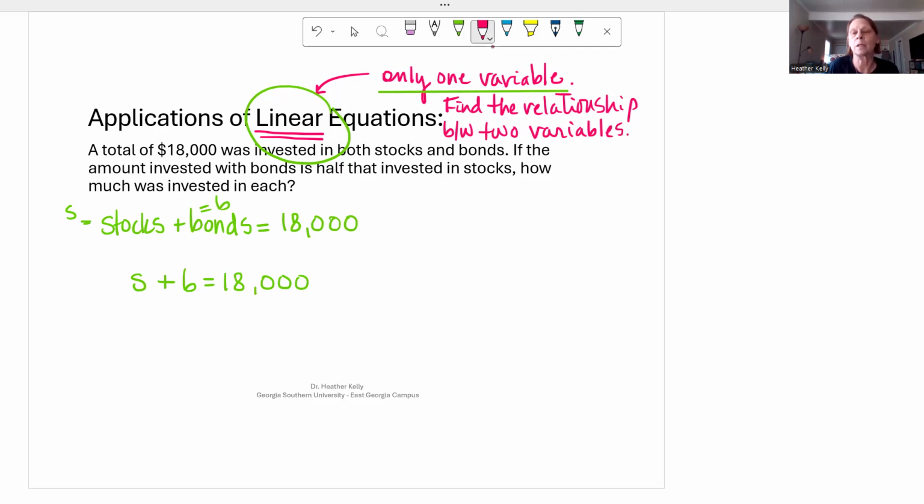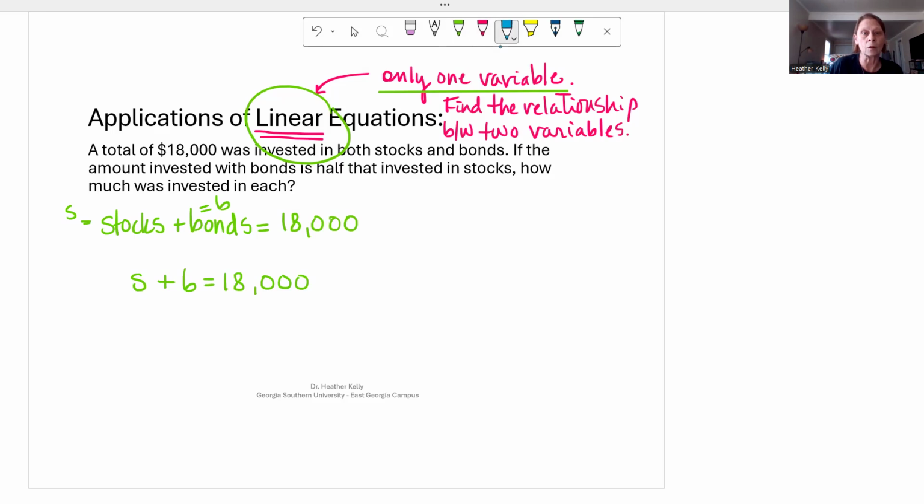It's going to be more than, less than, times, double, triple, half, a quarter. Those are going to be those words that are going to give you the indicators on how you can actually put these two variables together.